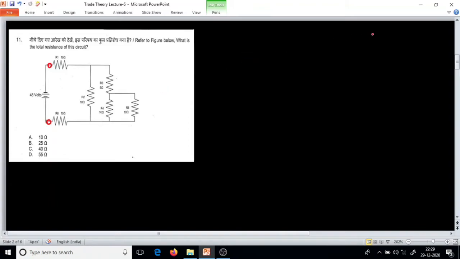Effective resistance will be RT equal to R divided by N, that is 10 ohm divided by 2 equals 5 ohm. We will replace it with a 5 ohm resistor. Then the simplified diagram will be 5 ohm in series with another 5 ohm, in parallel with 10 ohms.